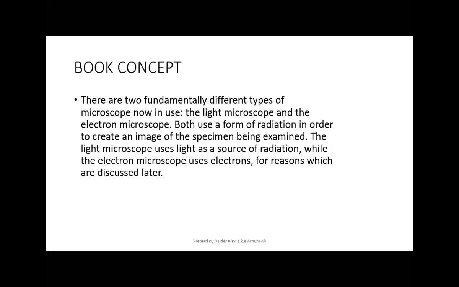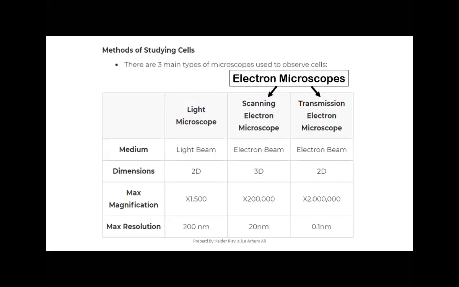We discussed what a specimen is and will discuss it further today. This is the basic differentiation between the light microscope and the electron microscope, with the transmission electron microscope and scanning electron microscope being examples of the electron microscope.